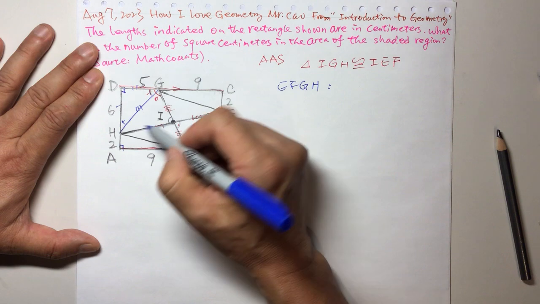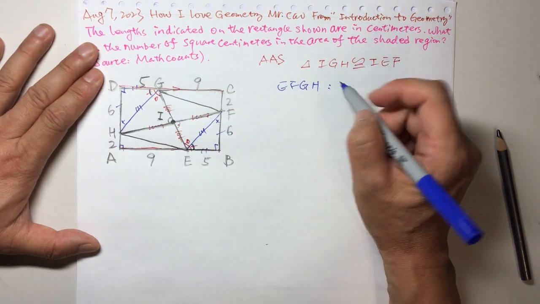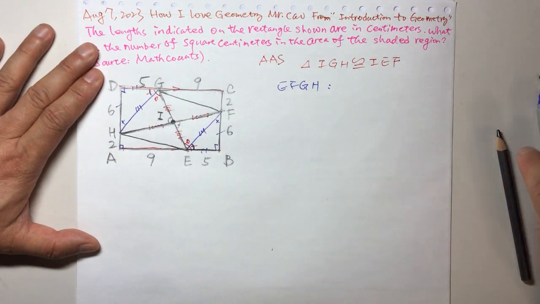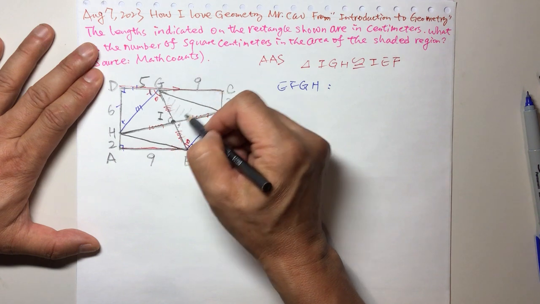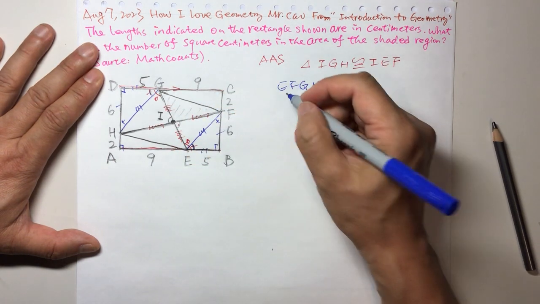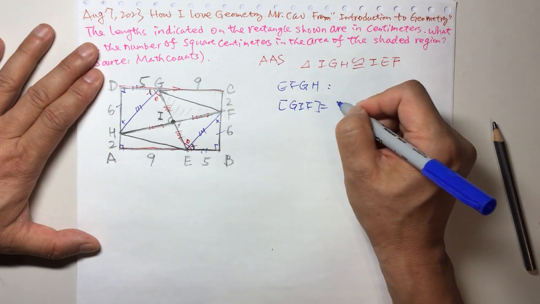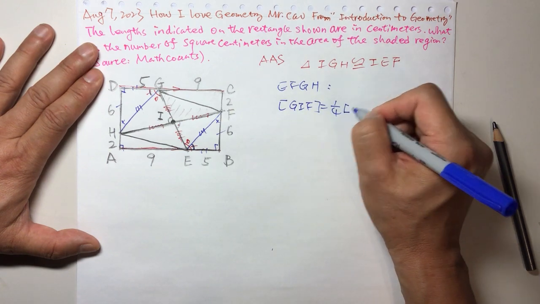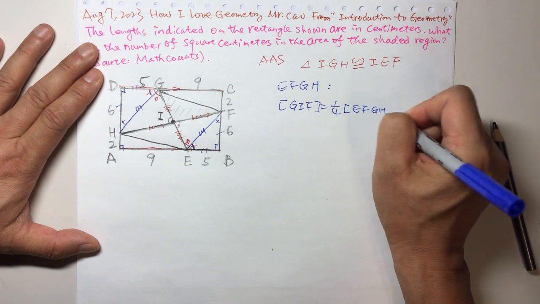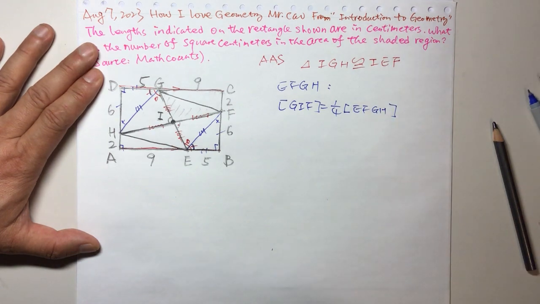So it's easy to know this is a parallelogram. So the area for this part, I mean the area for GIF, is just one-fourth of EFGH. And now the problem is easy.